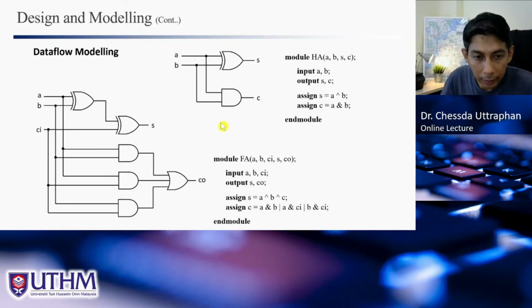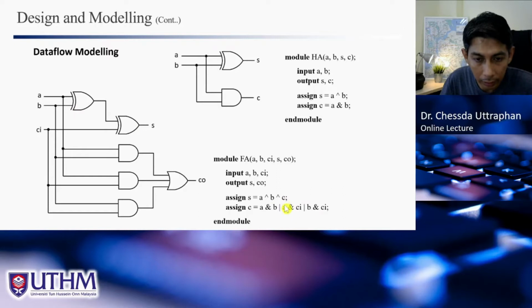Next is another one, the full adder, where we have two XOR gates, three AND gates, and another OR gate here. We can describe it using data flow modeling easily because we have the equation S is equal to A XOR B XOR Ci.